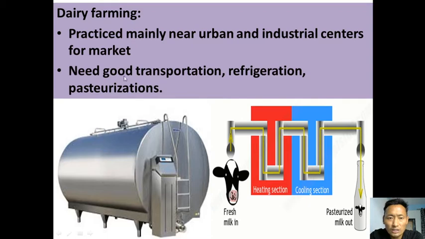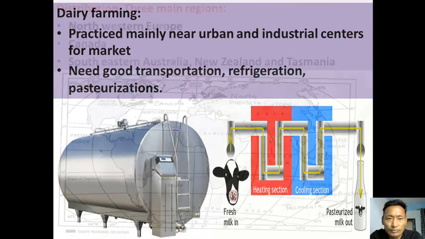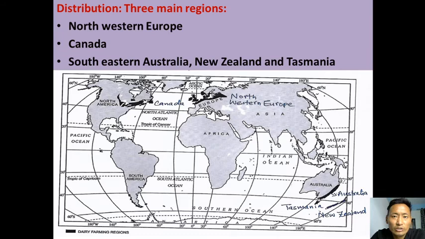So these are the requirements to practice dairy farming: good transportation, refrigeration, and pasteurization, in order to preserve the milk from adulteration and contamination. Distribution: three main regions: northwestern Europe, Canada, Australia, Tasmania, and New Zealand. These are the regions where people are practicing dairy farming.